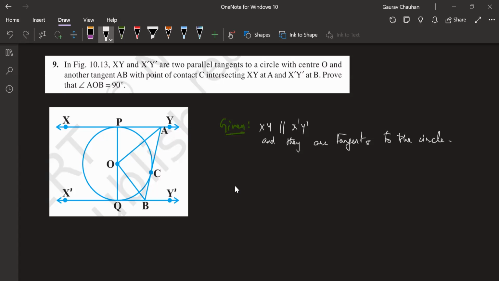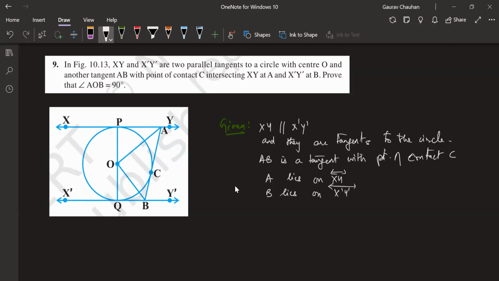And the next thing that's given is AB is another tangent with point of contact C, such that A lies on XY and B lies on X'Y'. Since this is a line, I'm putting this symbol. If you just write XY, since it's also a line segment, it's fine.